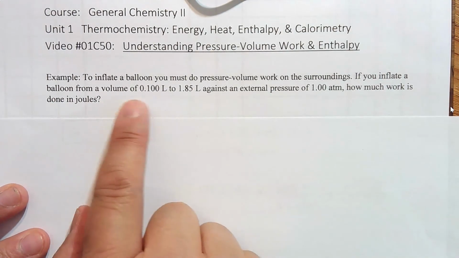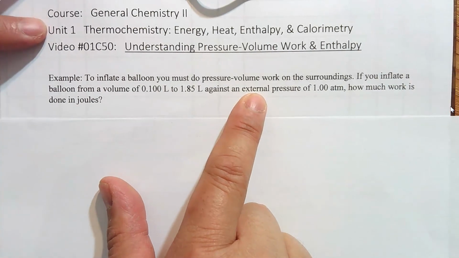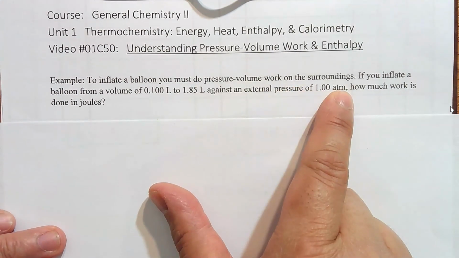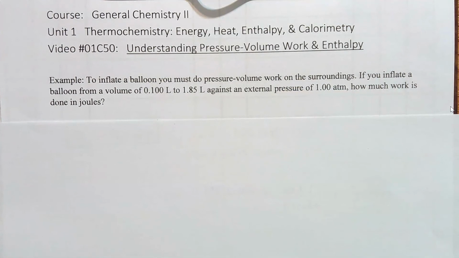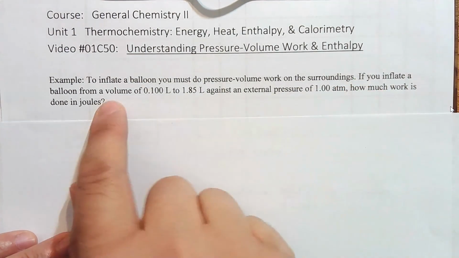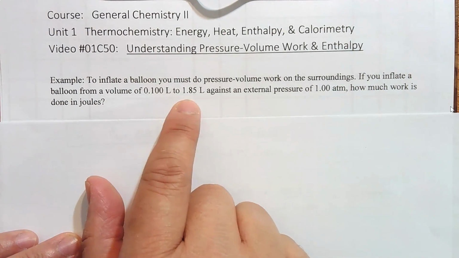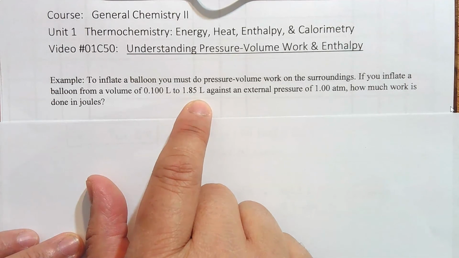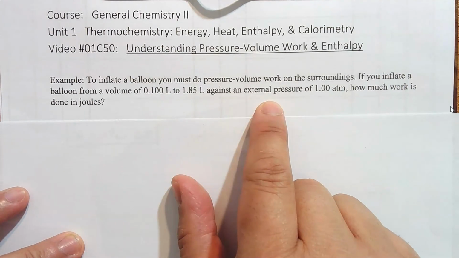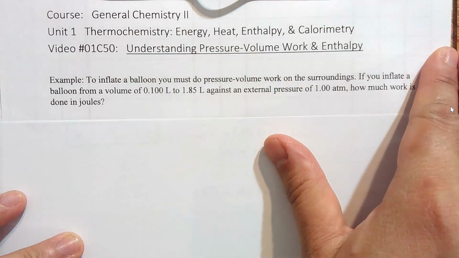To inflate a balloon, you must do pressure volume work. So we just came out and said it. On the surroundings, your work is going to push against an external pressure. If you inflate a balloon from a volume of 0.100 liters to 1.85 liters, so the volume's getting bigger, against an external pressure of 1 atmosphere, how much work is done, but in joules?